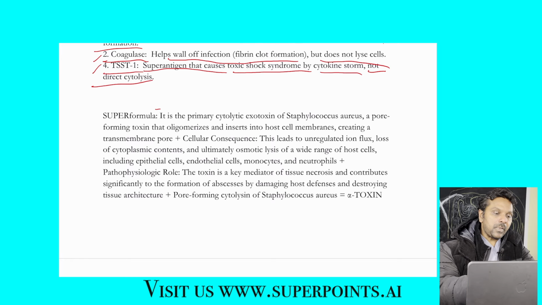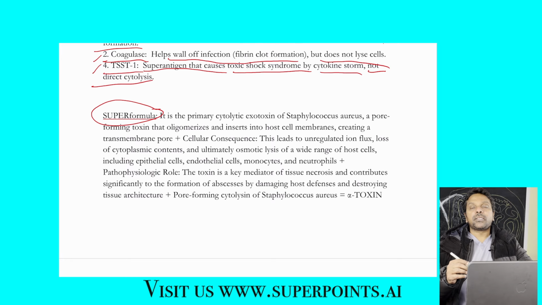So the super formula is identifying the keywords so that you can arrive at the answer in less than 5 seconds.